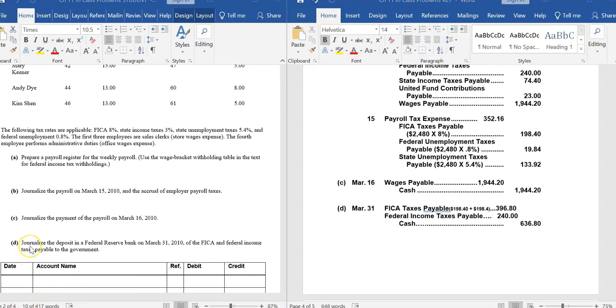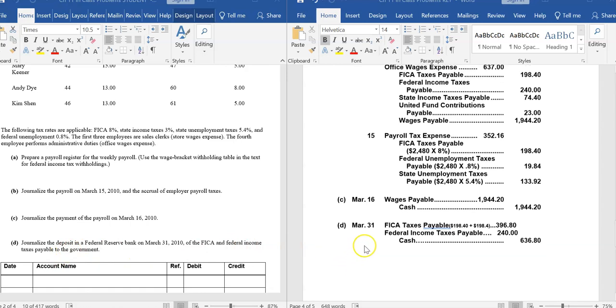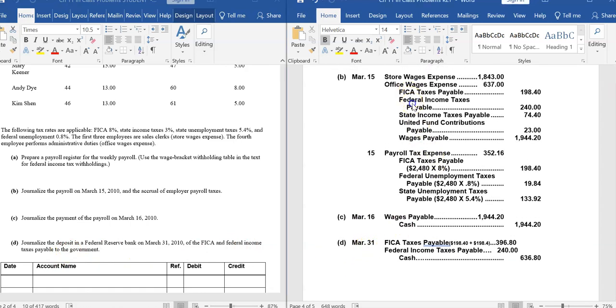The last item that we need to do is to journalize the deposit into the Federal Reserve Bank on March 31st of the employer's FICA and federal income taxes that were payable to the government. So when the employer recorded a liability for the FICA as well as the federal income taxes and their share of the FICA, what they do is they end up paying that directly into the Federal Reserve Bank.